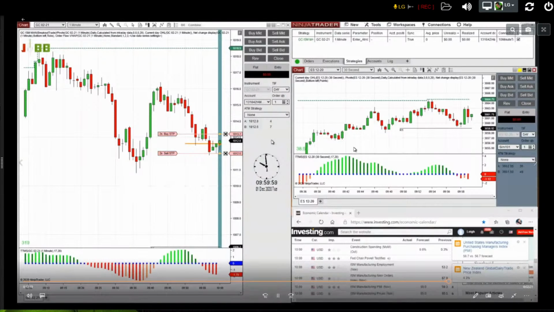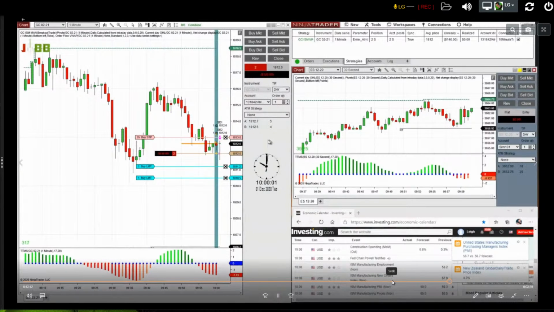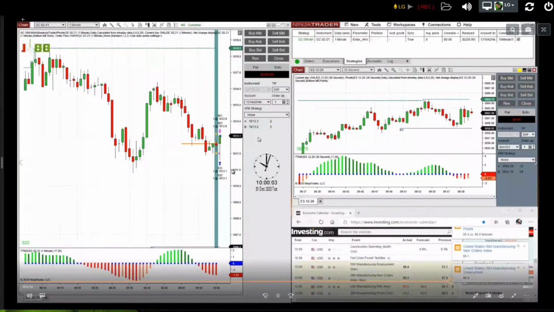So there's our brackets. We got filled to the short side, and then price went up. The news was negative, and frankly, we might have been victims of entry time on that trade.